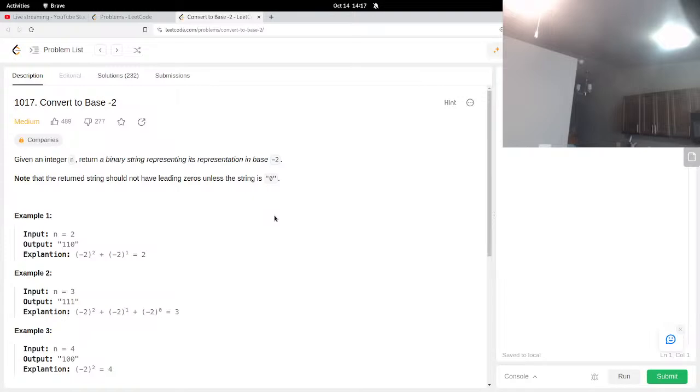And similarly, 2 times negative 2 to the 2n can be rewritten as negative 2 to the 2n plus 2 plus negative 2 raised to 2n plus 1.